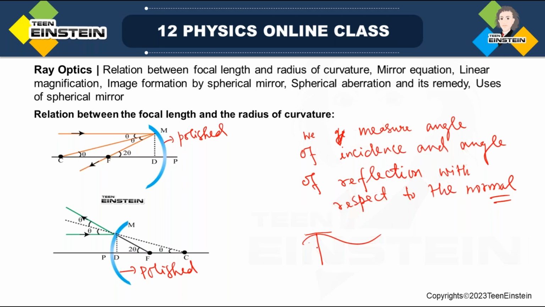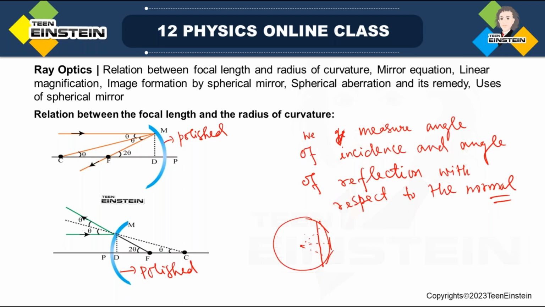Anyway, spherical mirrors are actually part of a spherical hollow sphere. So if this portion is the mirror, then what will be the normal to the mirror? Any line we draw from the center of curvature will be the normal.